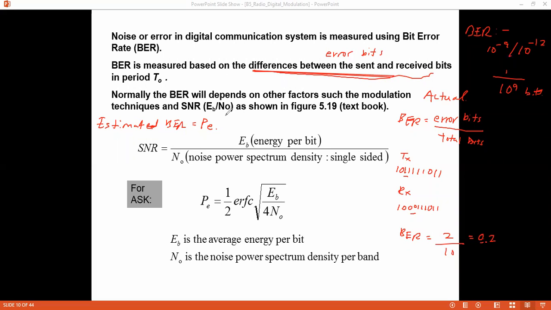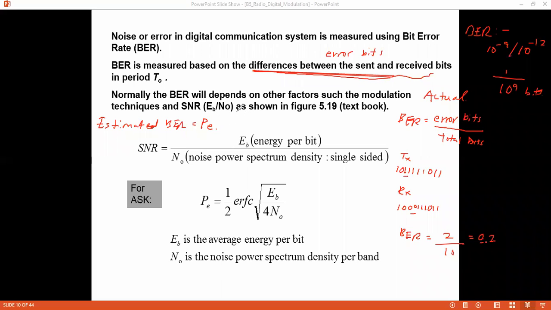Because we estimate the bit error rate, it's very difficult to come up with one equation that is applicable for all modulation techniques. So certain modulation techniques have their own PE equations.